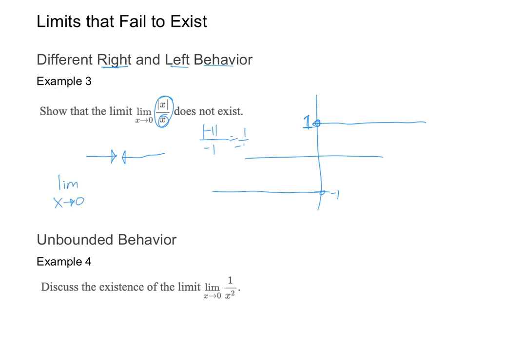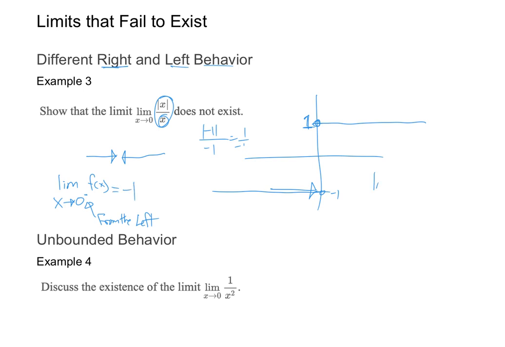Now I'm going to jump ahead and give you this notation. This negative in this limit notation means from the left, going this direction. So the limit of f of x as x approaches 0 from the left equals -1.